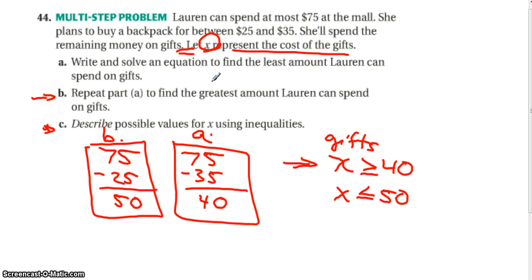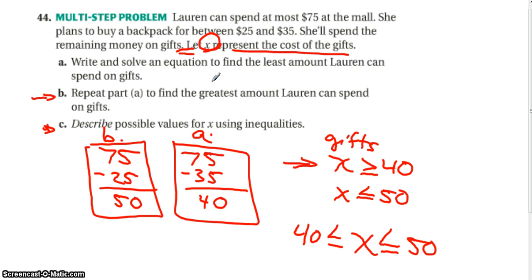But if X can be greater than or equal to 40, but it needs to be less than or equal to 50, could you make this sentence into a 3-part statement? How could you do that? Let's see if you guys can do this. Nico. X is greater than or equal to 40, and X is less than or equal to 50.